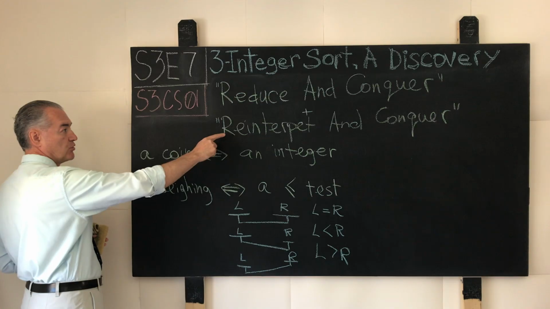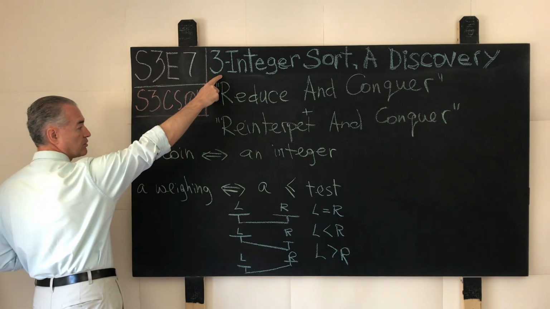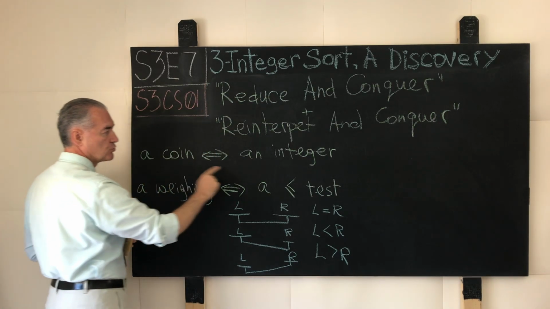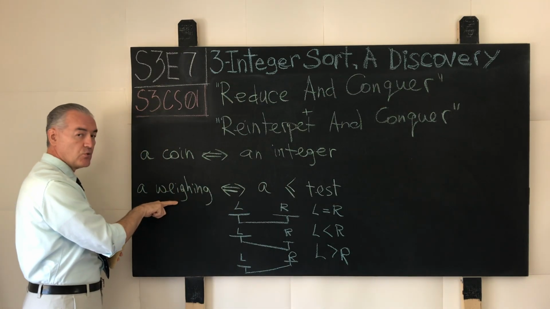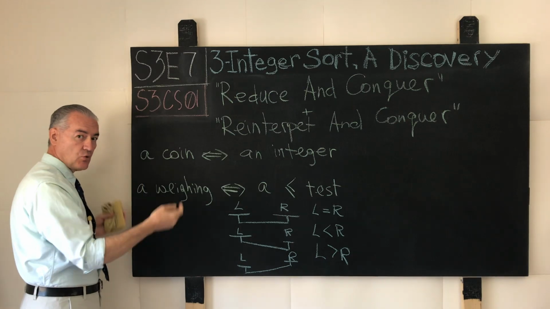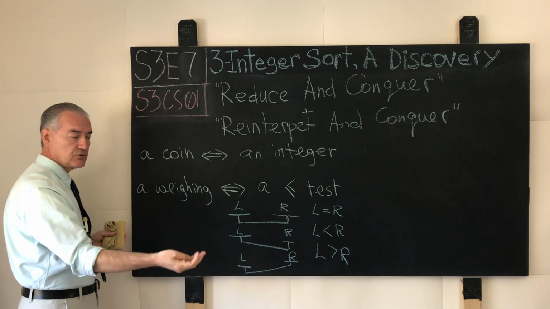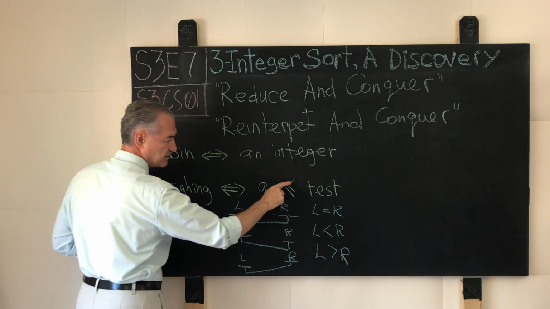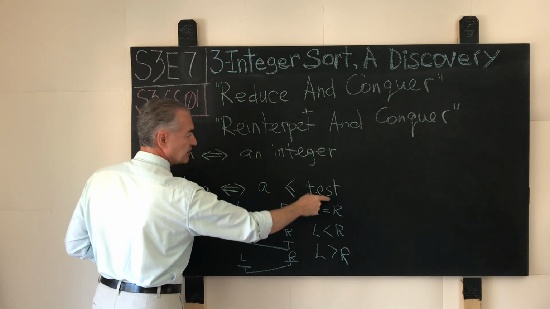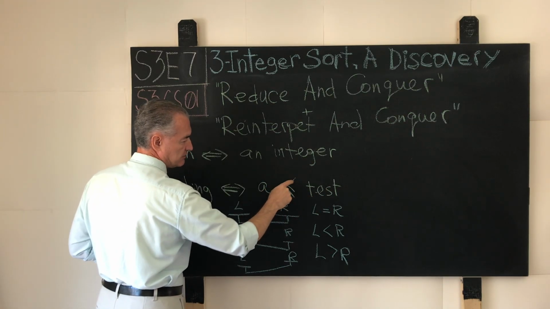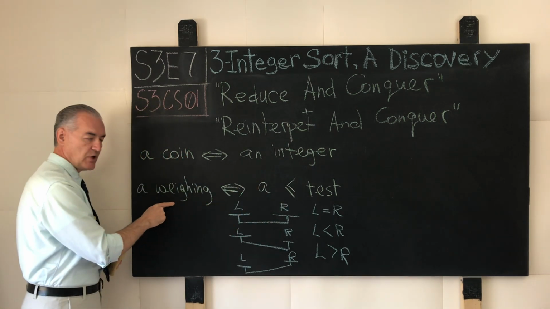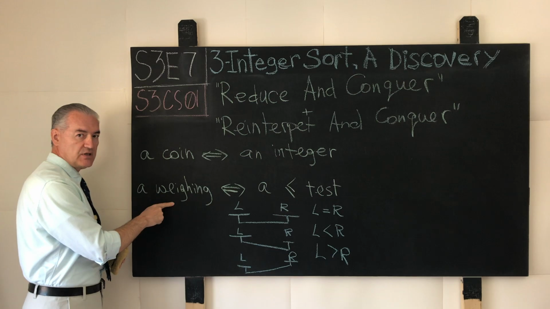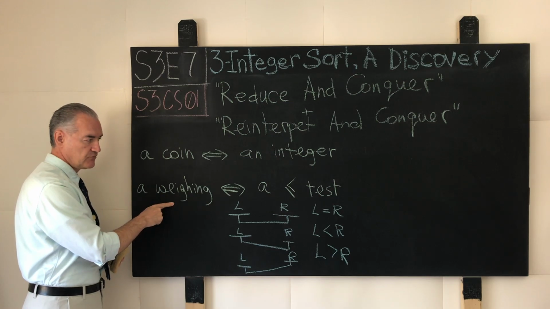We correlate a coin to an integer and an integer to a coin. And we correlate a single weighing on the properly functioning set of pan scales with a less-than-or-equal-to test across two integers, and conversely.